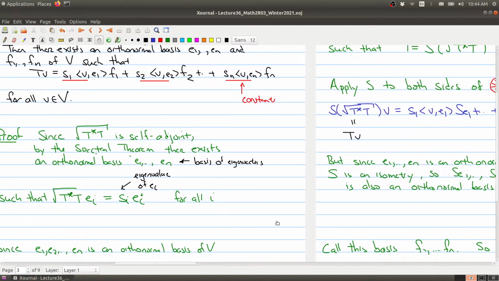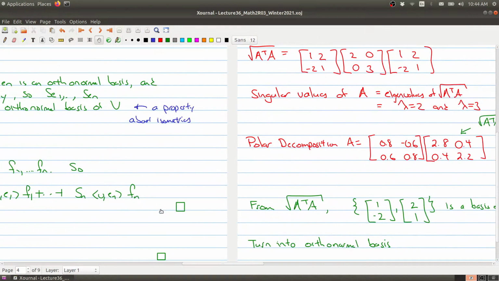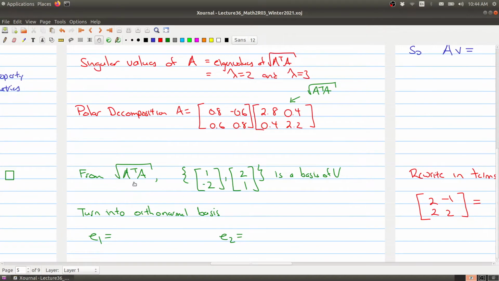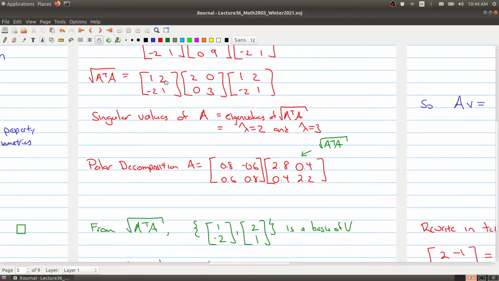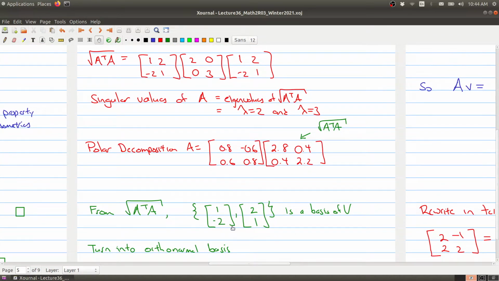So we need the e_i's. From this matrix, we know that these two columns correspond to eigenvectors of 2 and 3. They have to be linearly independent because they come from different eigenvalues, and so it's actually a basis for our vector space. And if you stare at it for a second, they are orthogonal.